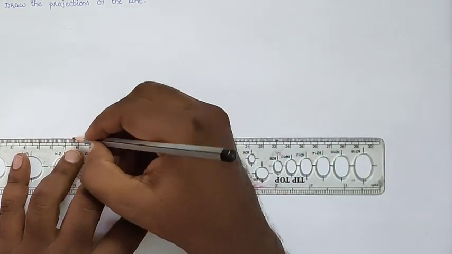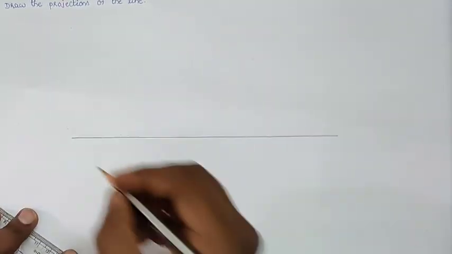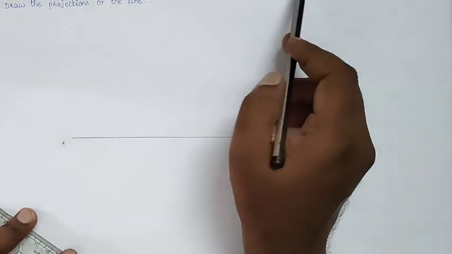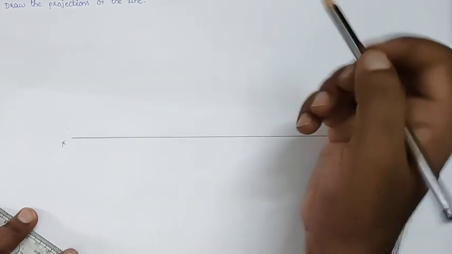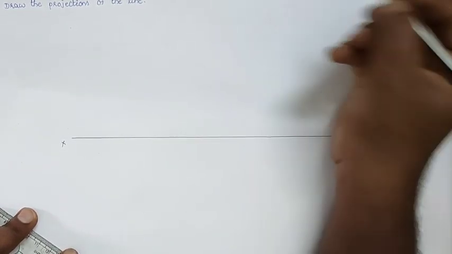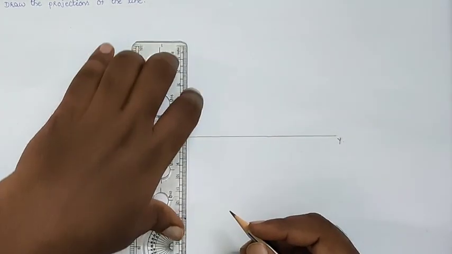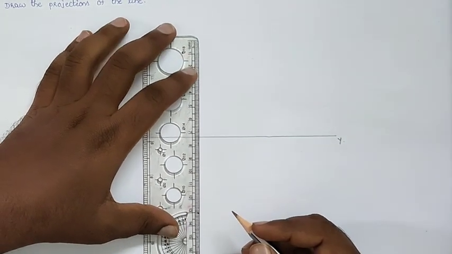So in this problem also, first of all we will draw the reference line and draw the midpoint projection. The midpoint of AB I am taking as small m. So first of all we will draw the midpoint projections in the diagram.